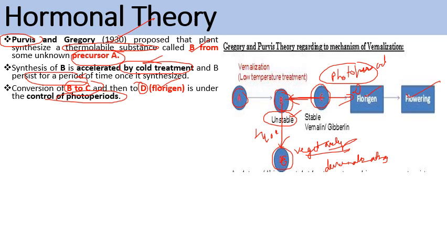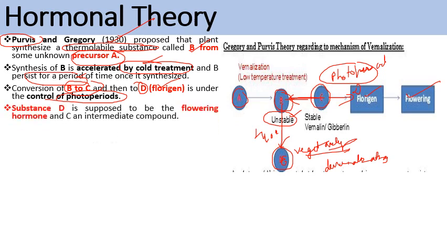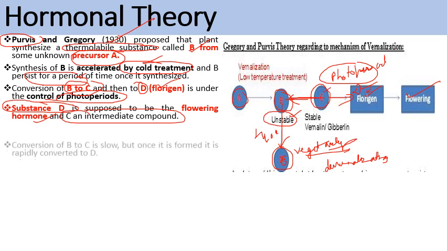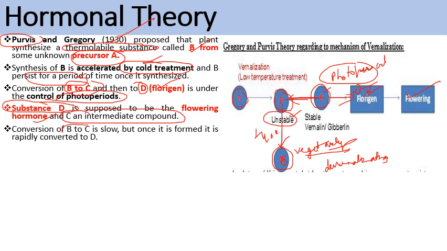Means it requires exposure to a light duration. Then this substance D, that is florigen, is supposed to be the flowering hormone, and C is an intermediate compound. This conversion of B to C is slow, but once C is formed, it is rapidly converted into D when it gets a proper light duration.